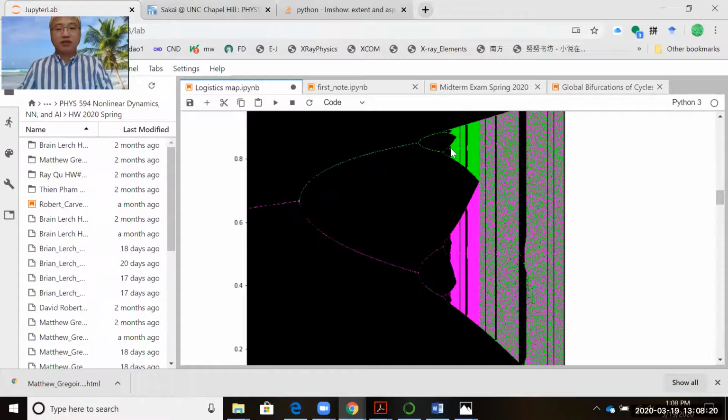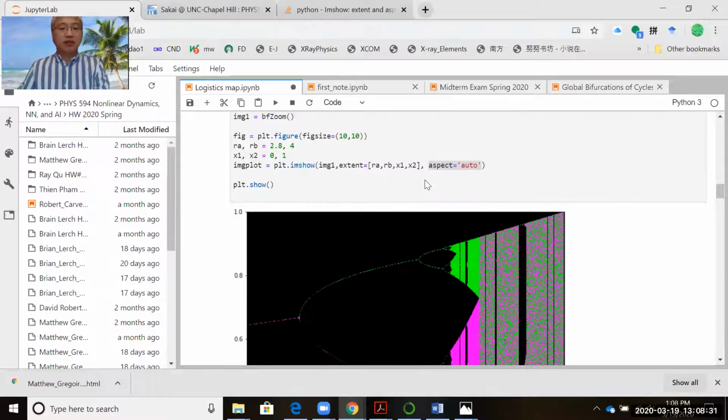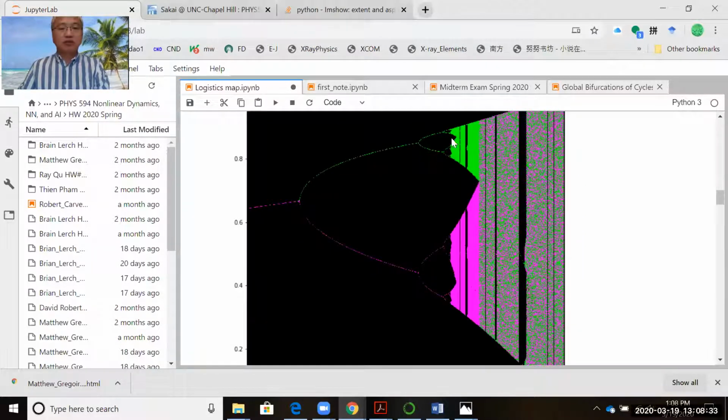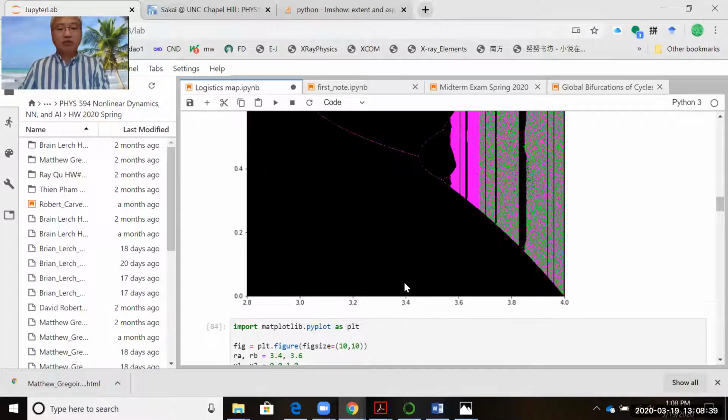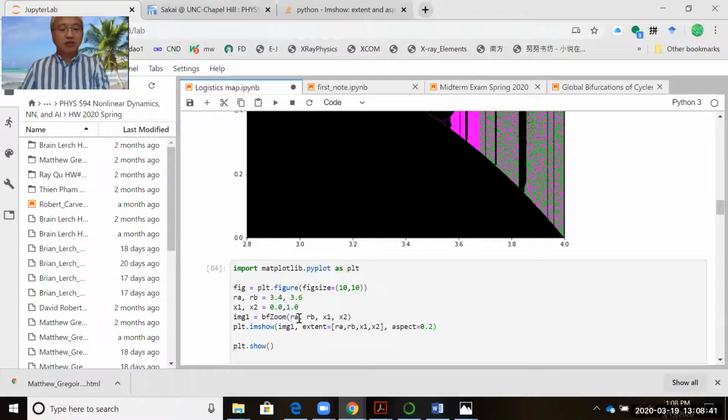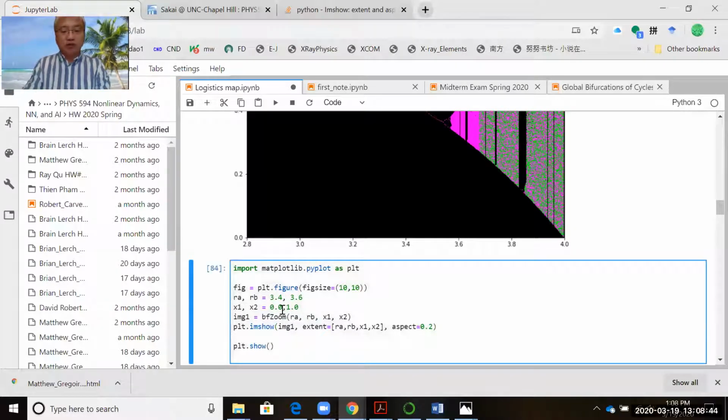In fact, if I zoom in on this part of the orbit diagram, something around 0.85, between 3.4 and 3.6, and between 0.8 and 1.0, with aspect ratio 1.